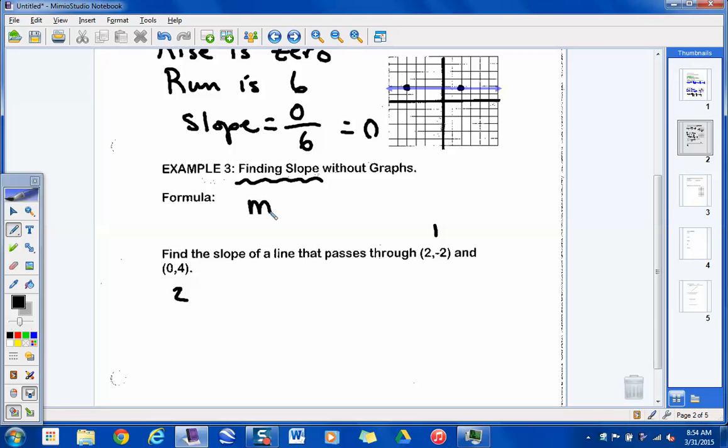And here's the formula for it. It says slope is equal to your y2 value minus your y1 value over your x2 value minus your x1 value. So you want to make sure you've got that down as I have it up there: y2 minus y1 over x2 minus x1.